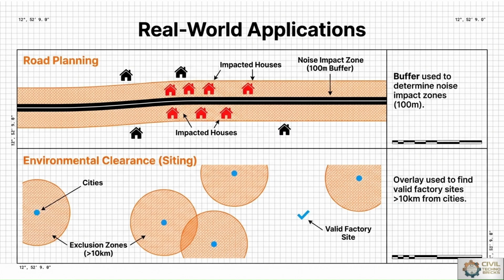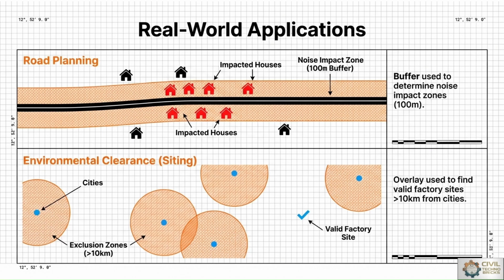Towards the real world applications of buffer analysis, road planning and environmental clearance are the two examples taken for the study or comparison. Image 1 shows a road alignment in white color, and apart from that, a roadway in a black color line. We are checking the houses impacted by the roadway noise impact zone.